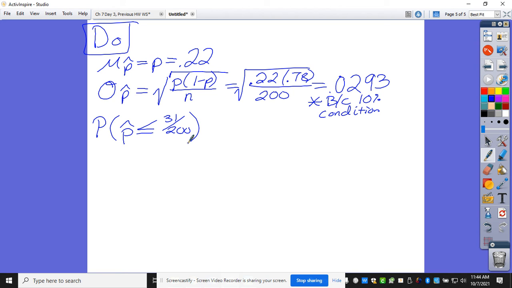What do I do with that? So what numbers go in my equation? 31 over 200 minus 0.22, divided by 0.0293, which gives me negative 2.22, is that what we're getting? Yes.